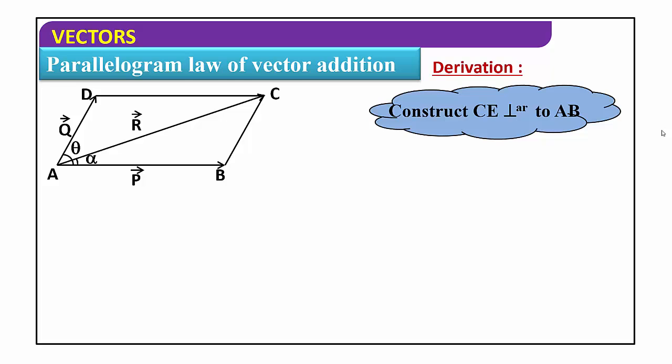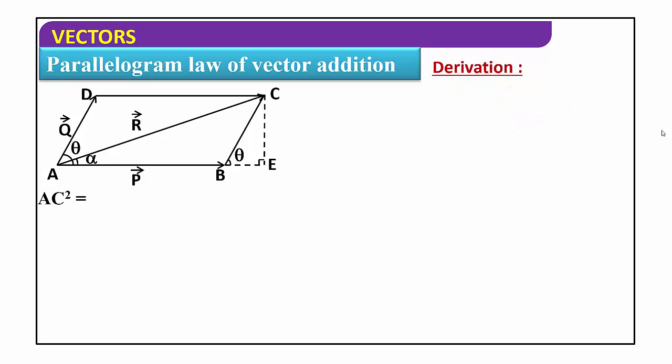Now next point, we are going to construct a line which is perpendicular to the vector AB, and that line is CE. CE is perpendicular to AB. Then we are going to consider the triangle AEC. From this triangle, we can apply Pythagoras theorem. AC square equal to AE square plus EC square.